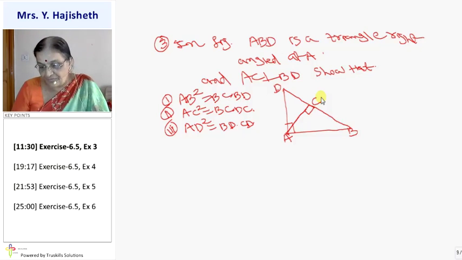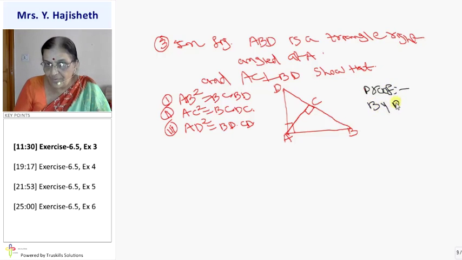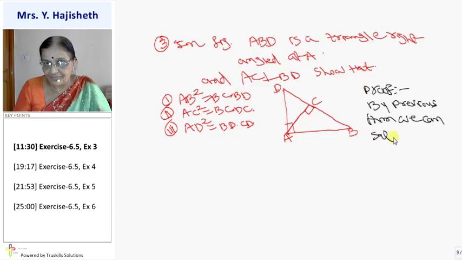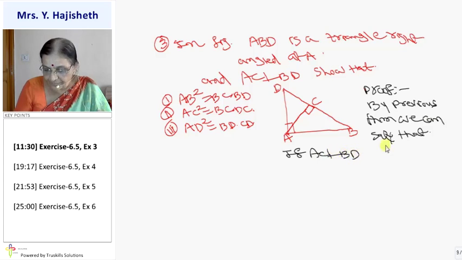By the previous theorem we can say that, what will we write in the proof? By the previous theorem we can say that, if AC is perpendicular to BD, then what can I say?